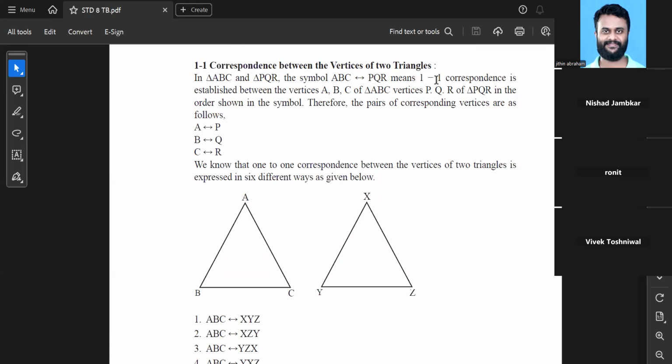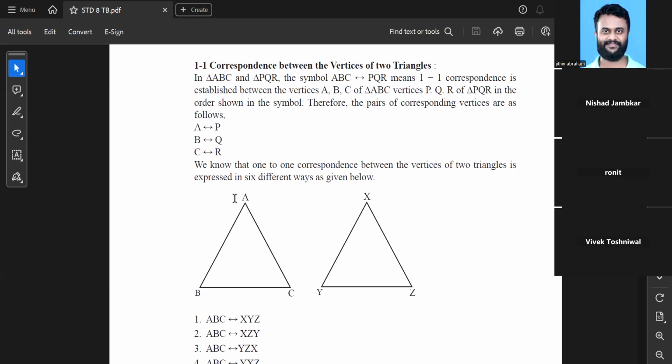It means one to one correspondence is established between the vertices A, B, C of triangle ABC and vertices P, Q, R of triangle PQR in the order shown in the symbol. I'll explain in detail, don't worry. It's a very simple concept. Therefore, the pairs of corresponding vertices are A corresponds to P.